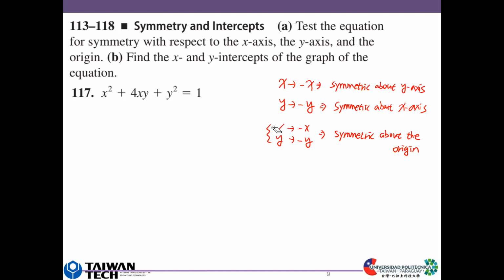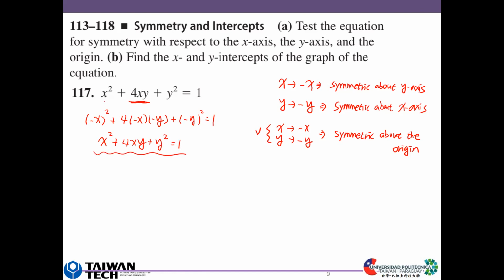Okay, if we look at this equation, you could try replacing x with minus x and y with minus y. So we replace x with minus x and y with minus y: x squared plus 4xy plus y squared equals 1.